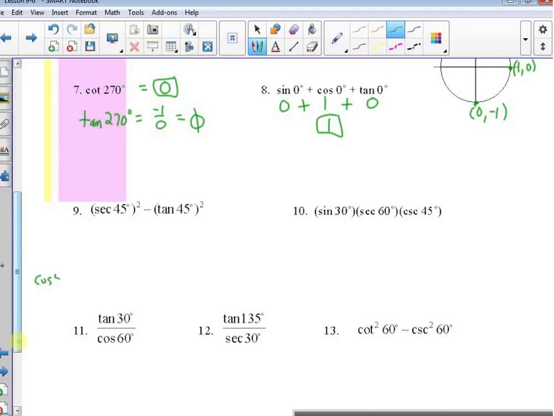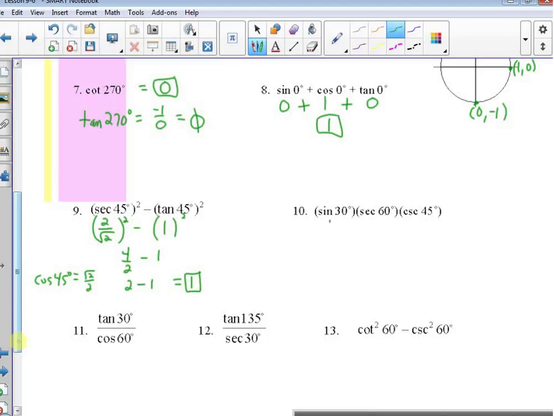So the cos of 45 is radical 2 over 2, so secant of 45 is 2 over radical 2. The tan of 45 is just 1. So 2 over radical 2 squared is 4 over 2 minus 1, which is 2 minus 1, or 1. I just squared 2, and I squared radical 2 and got 4 over 2.